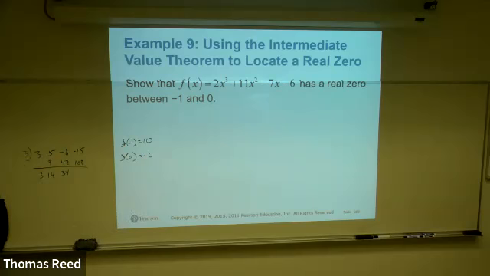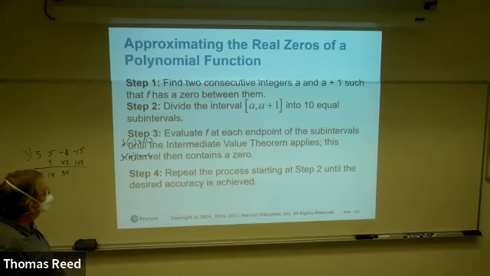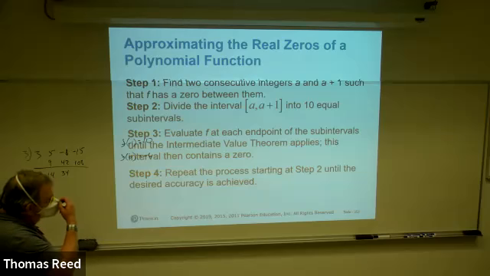And so now to find two consecutive integers, a and a plus 1, such that f has a 0 between them. Okay, and so that's what we did.